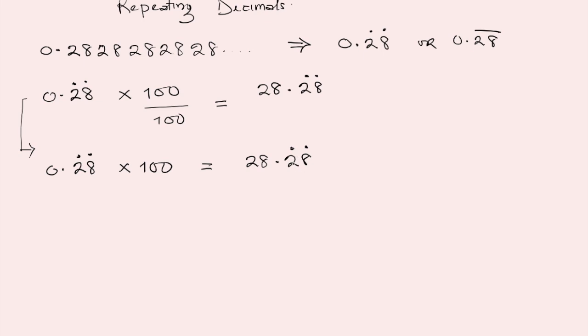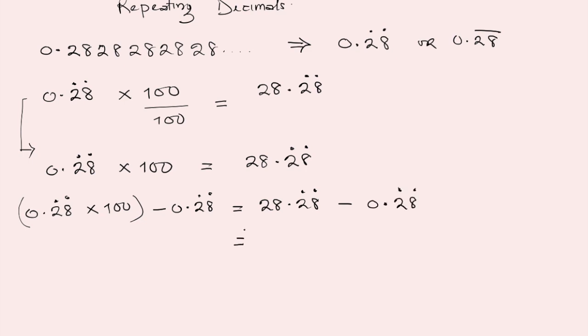So what if we subtract 0.28 repeating from both sides? We have 0.28 repeating times 100 minus 0.28 repeating equals 28.28 repeating minus 0.28 repeating.